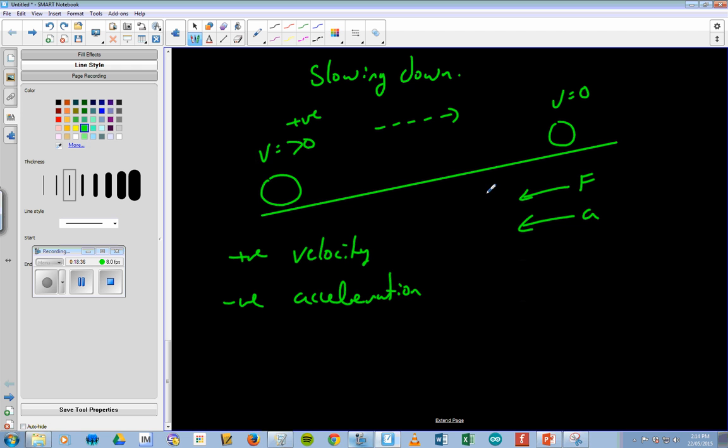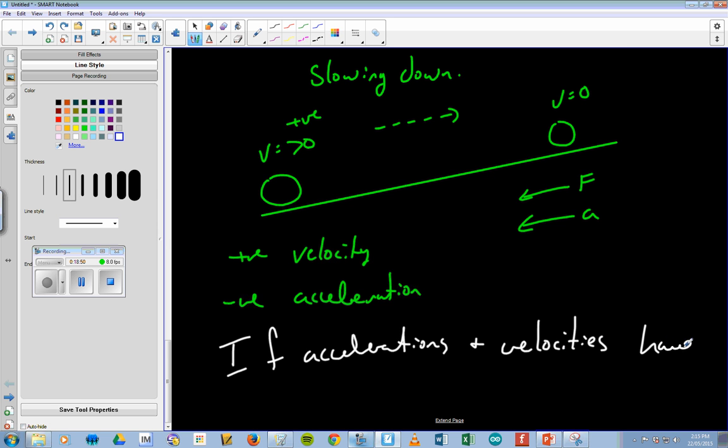What happens to objects if their accelerations and velocities are opposite? Good. If accelerations and velocities have opposite signs, you slow down.